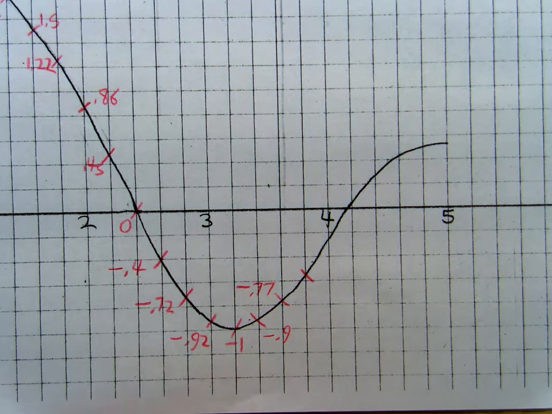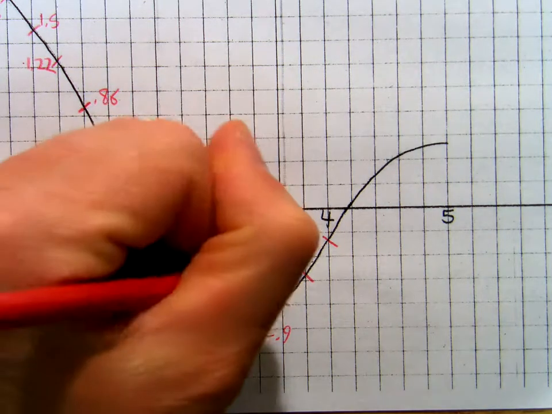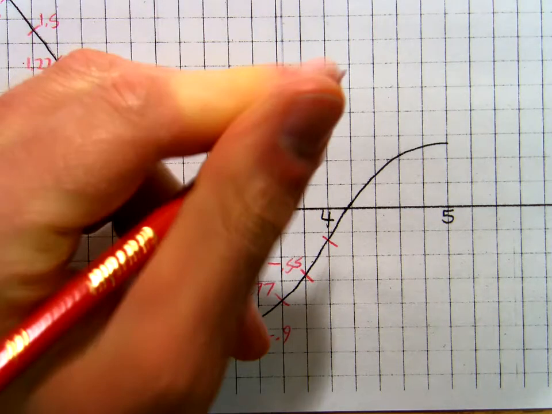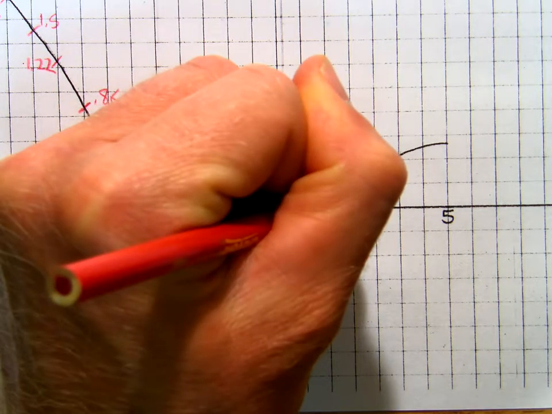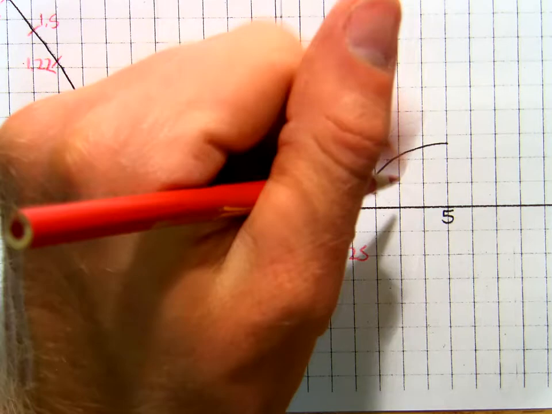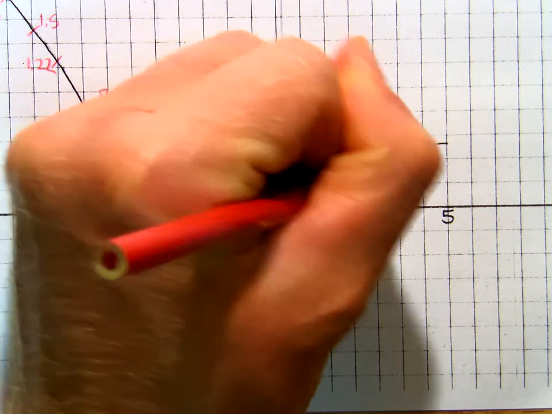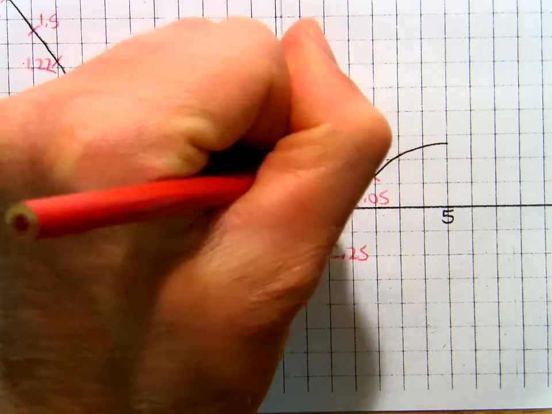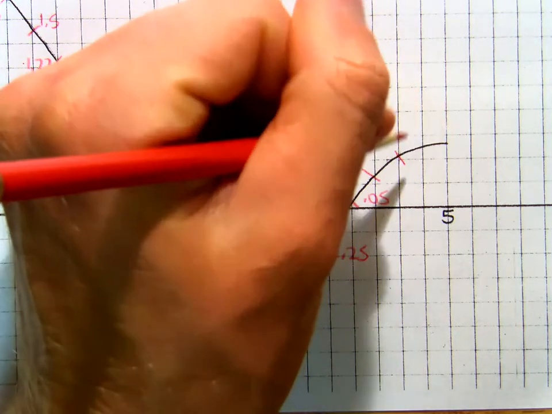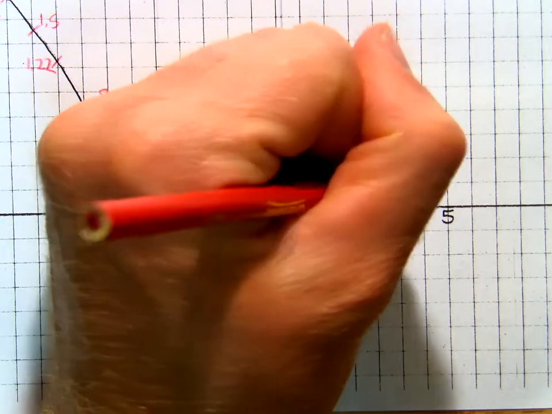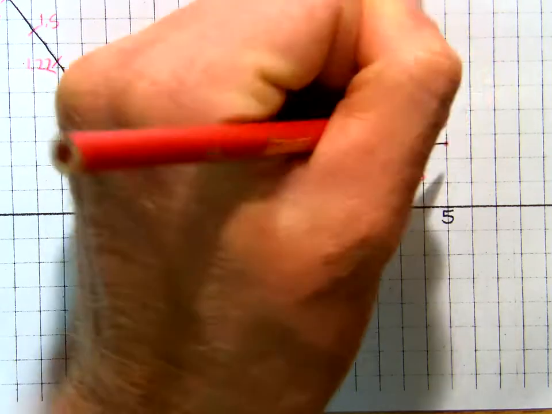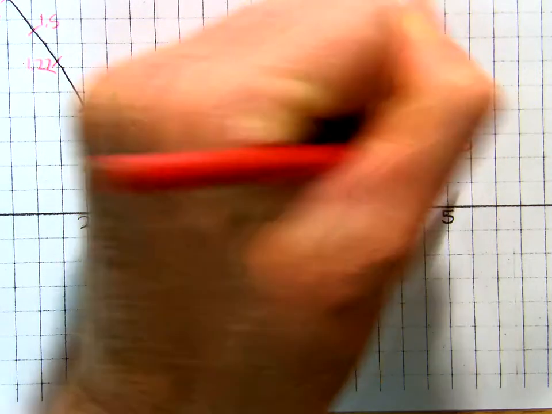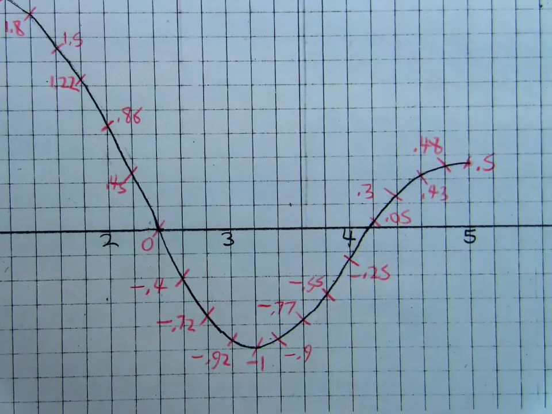Oh, gotta move over, sorry. Negative 0.5. Negative 0.25. 0.5. Call that one 0.3. Call this one 0.3. Call that one 0.5. And call that one 0.5.